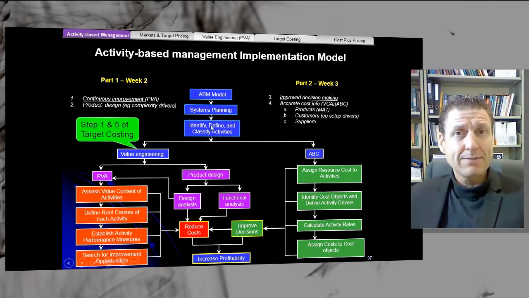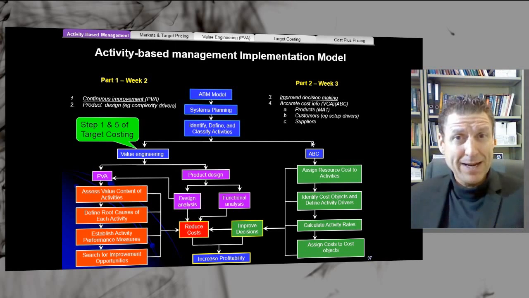But notice that it breaks off into activity-based costing, which to date mostly focuses on getting relevant information so you can make a decision about, do we buy a product, do we make a product?